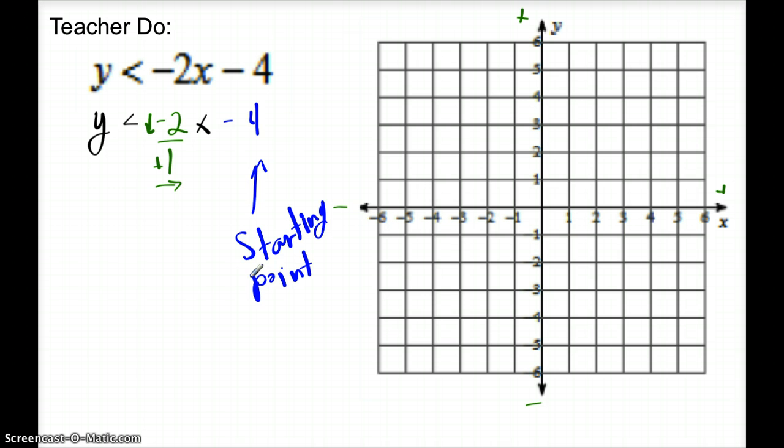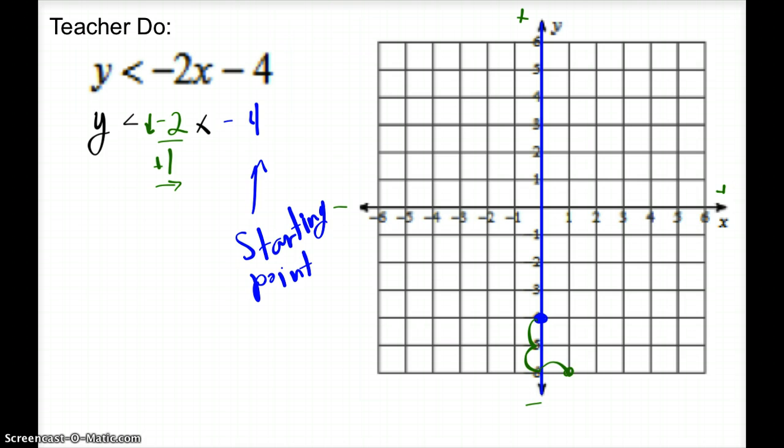And that matches our blue line that's right here. So I need to start on this line at negative 4. Now it says down 2 and then plus 1. So I'm going to go down 2, 1, 2, and then plus 1. Just like here, it says down 2 plus 1. And I'm done. I have a line now.